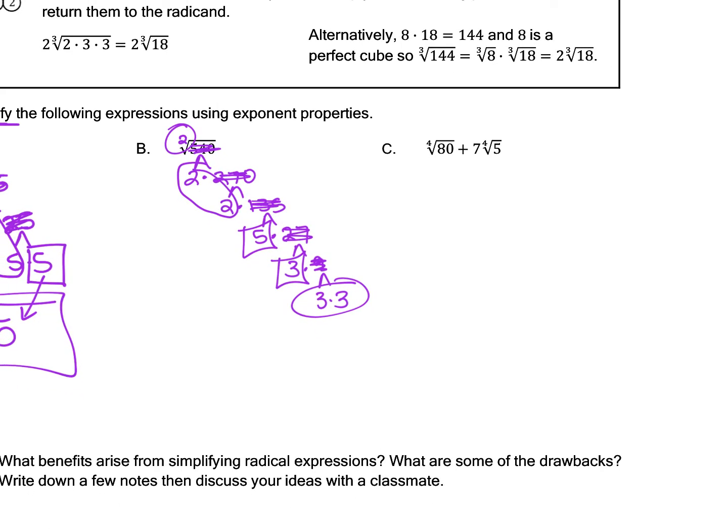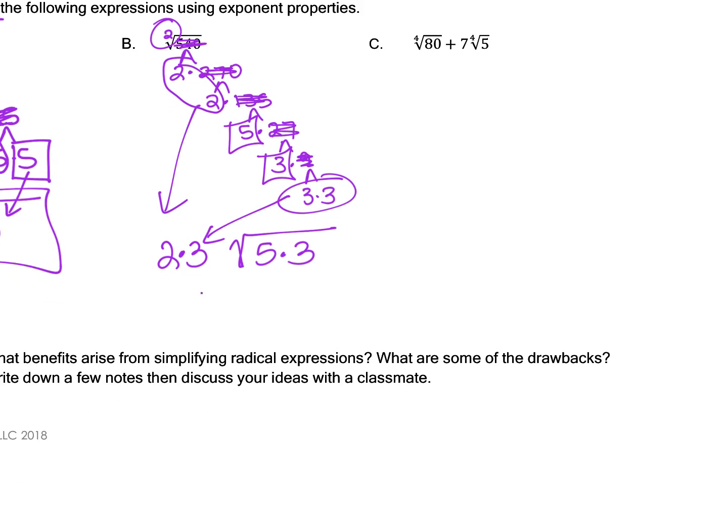So remember, whatever the groups are, I'm going to bring those on the outside. So I'm going to bring a 2, and I always multiply if there's a couple of them. So I have 2 times 3, because both of those come on the outside. And then whatever is in the box stays on the inside. This is square root, so I need a 5 times a 3. Again, you always multiply whether you bring them on the outside or inside. So that's going to be 6 square root of 15.